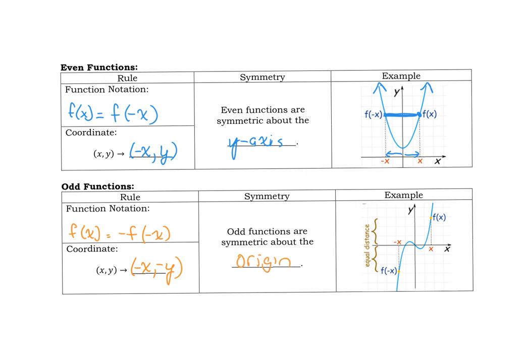So this is a cubic, and I'm showing you that when I go to the right in x and go up, x and y are both positive. And then if I go in the same direction, the same distance, x is negative, y is negative, and that's how odd functions are created.